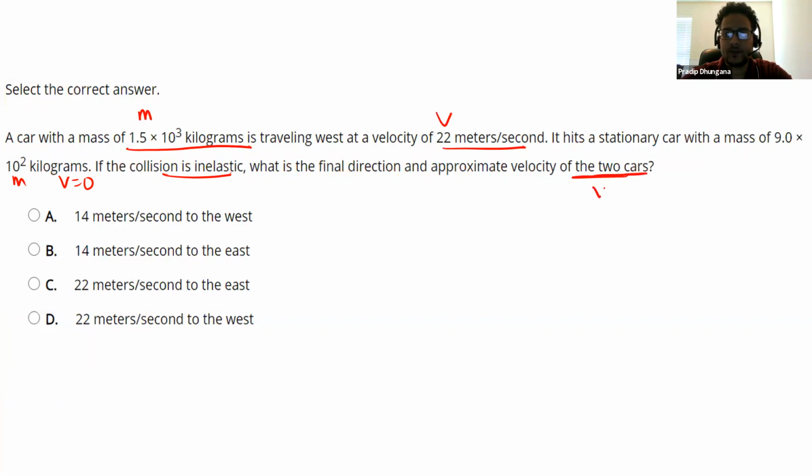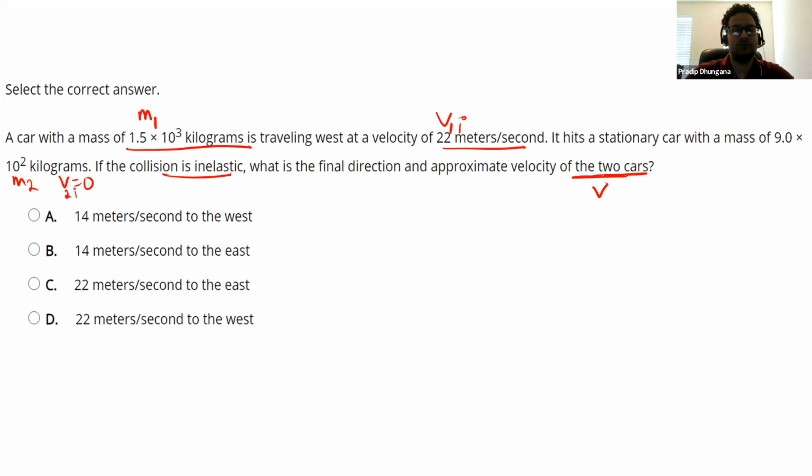So let us suppose v is the approximate velocity of the two cars. Let me write that: m1, v1i, and then m2, v2i, and then this is v.